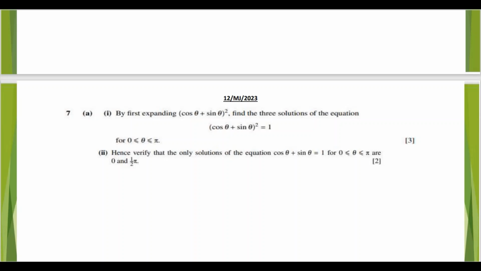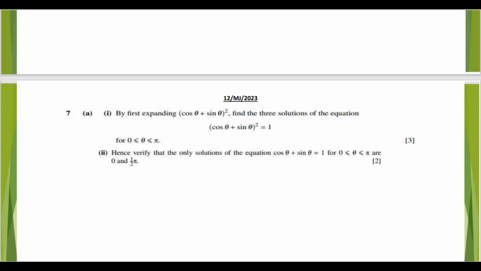So the next question is from the question paper 12 MJ 2023. By first expanding cos theta plus sin theta the whole square, find the three solutions of the equation cos theta plus sin theta the whole square equal to 1.